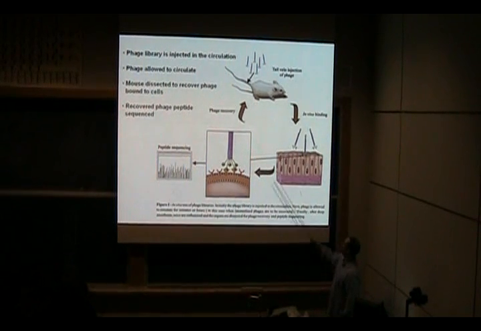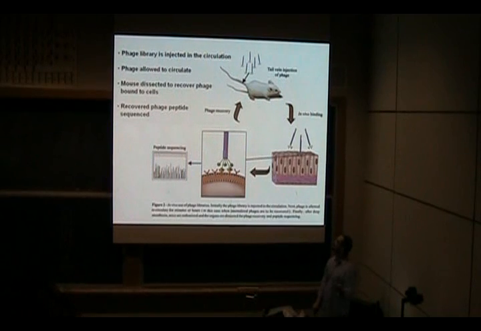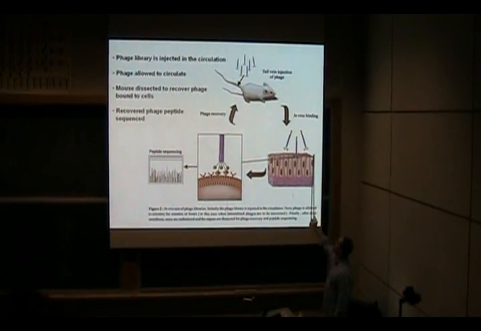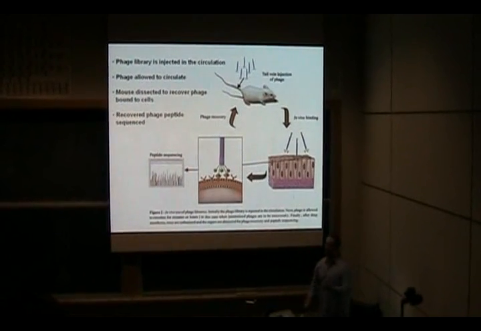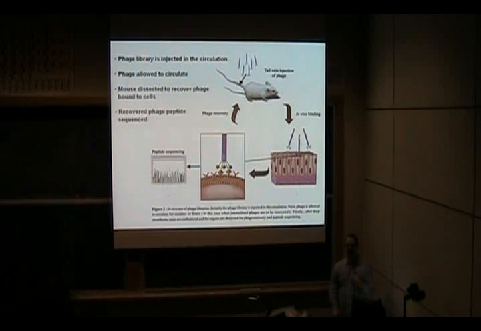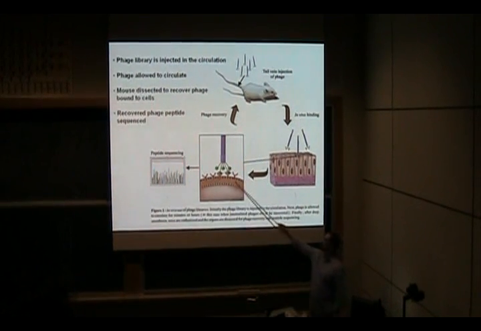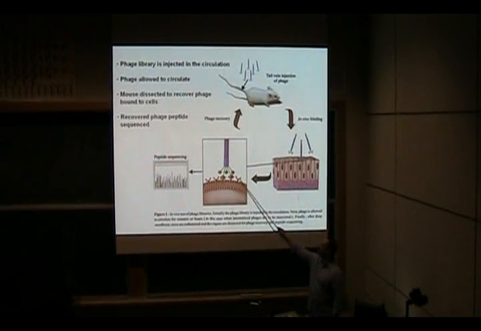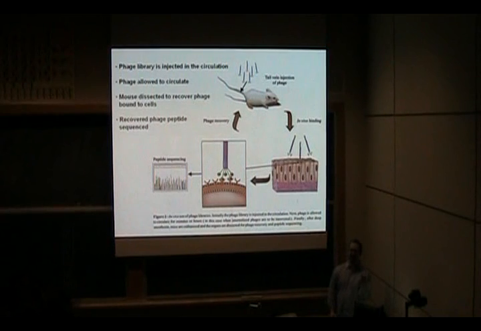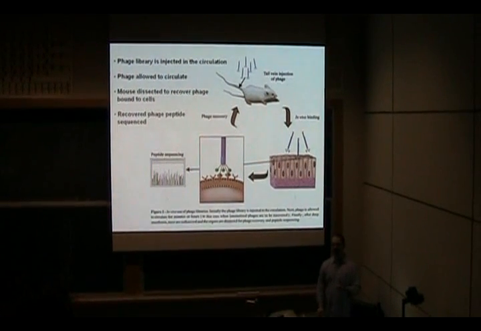So maybe in this case, you make 12 random amino acids on the end of the bacteriophage, and then you want to see what peptide sequences are binding to the heart cells. So you would dissect the heart, find what bacteriophage had bound to the heart, then sequence those peptides, and you would see these peptide sequences are interacting with the receptors on the outside of heart cells.